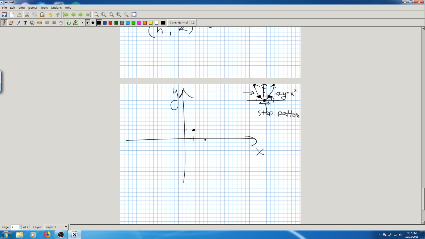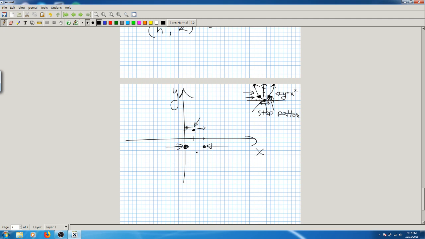So I go 1 right, and I actually end up going down 2 units. So I go boom, that's my second point. Now since it's symmetrical, I could also go left 1 and down 2 units. So now this point and this point are identical to these points in my transformed curve.